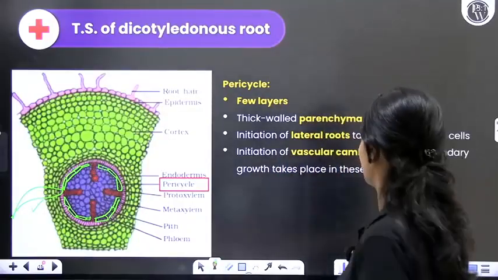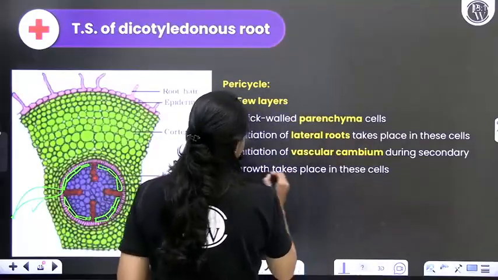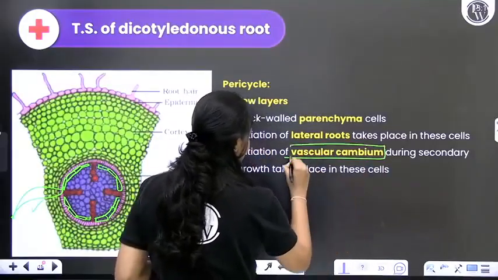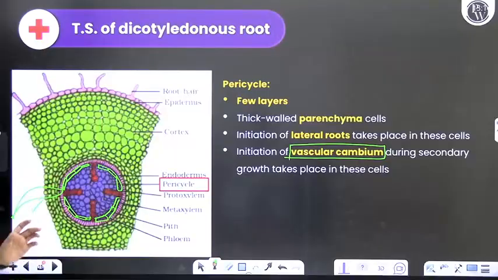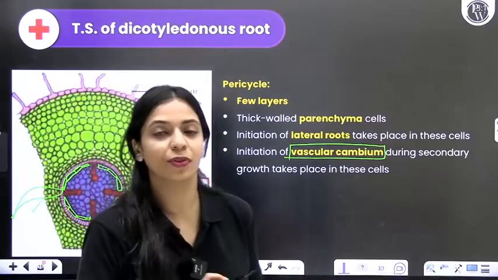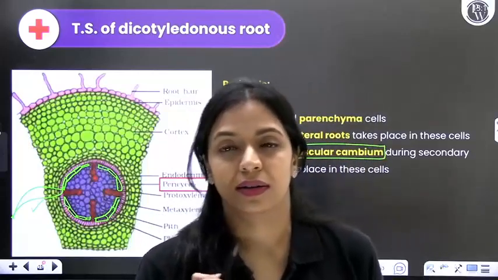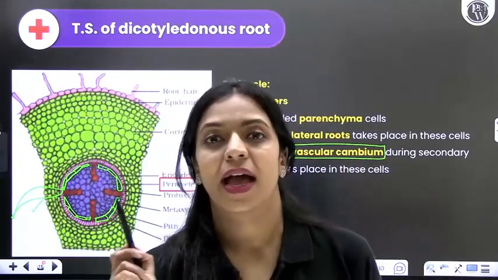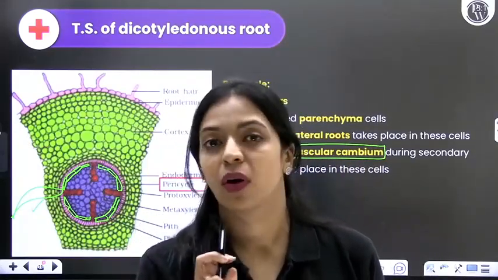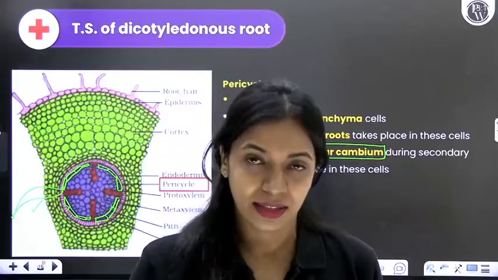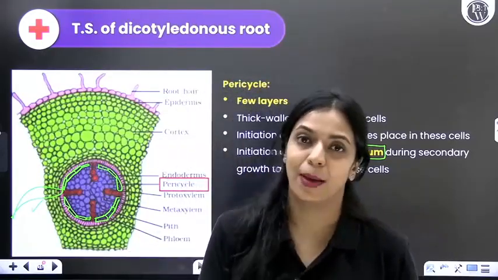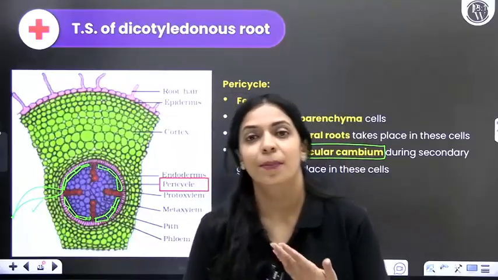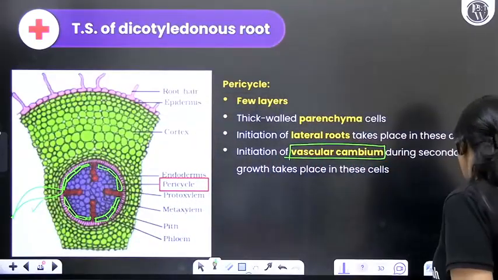Okay, so yeah, initiation of vascular cambium will happen in the pericycle itself. Alright, so if you have to talk about endodermis, it's Casparian strips in the root. If you have to talk about initiation of lateral roots and initiation of cambium, vascular cambium during secondary growth in the root, that will happen because of pericycle itself. That's about your dicot root.